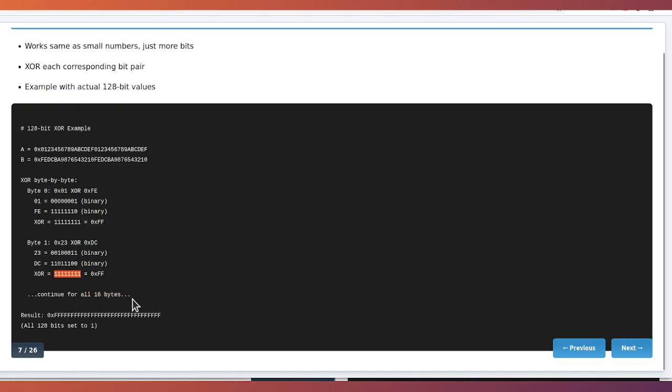The result is 11111111, which is 0xFF. We continue this for all 16 bytes. The complete result is 0x beginning with FF and ending with FF, which is all 128 bits set to 1.